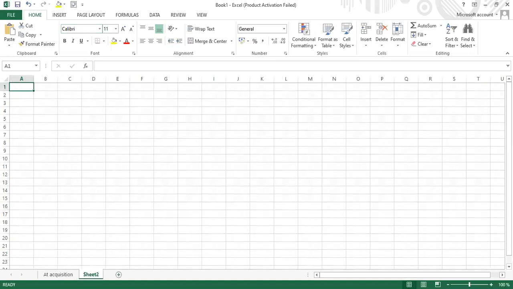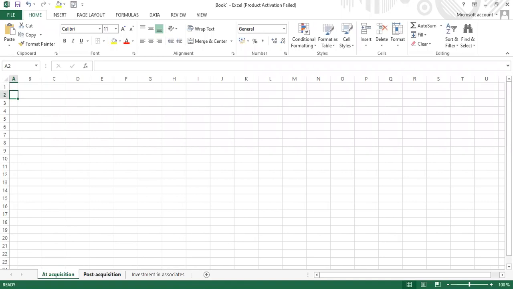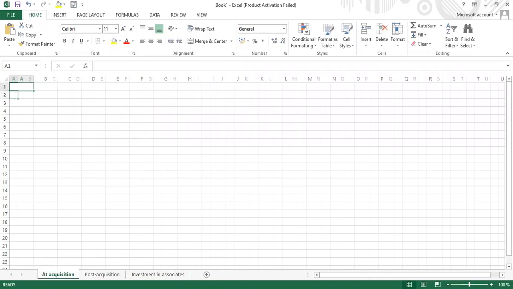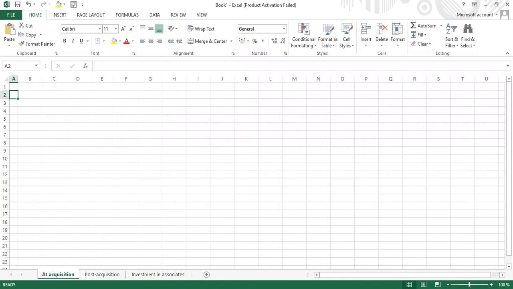The next one is post-acquisition. And the final aspect we'll mostly stumble into is an investment in associates. So in each of these 3 aspects, there is always something you should do. If you can master them one by one, you are home and dry.